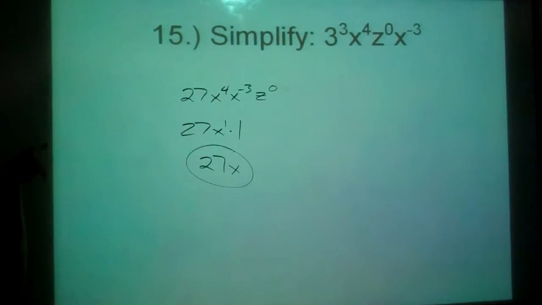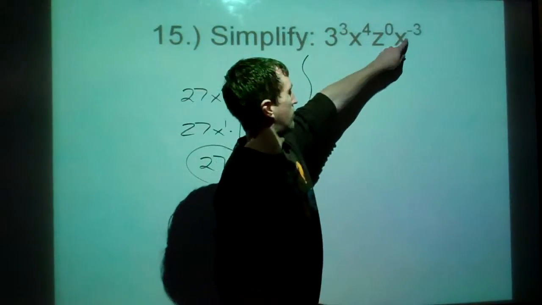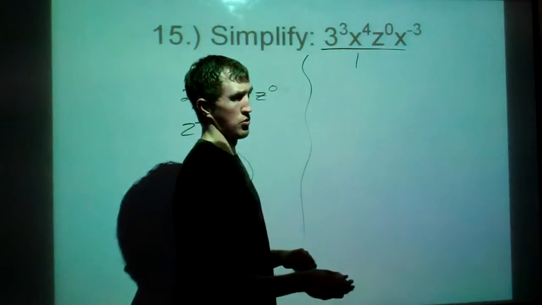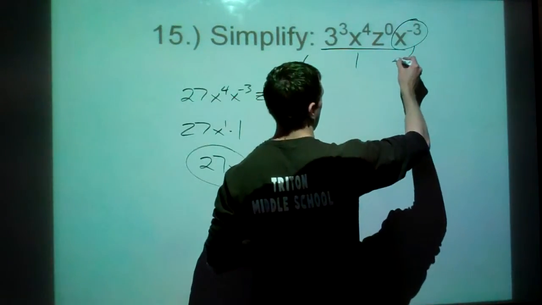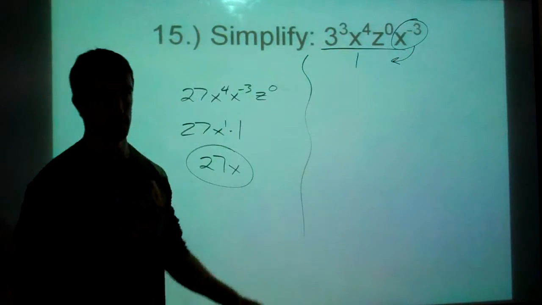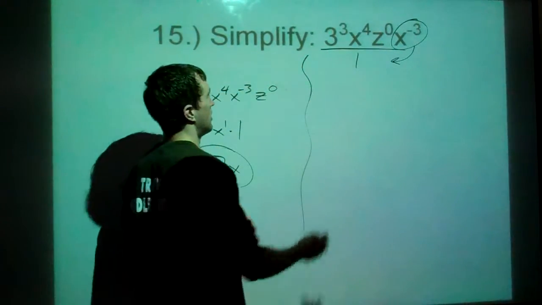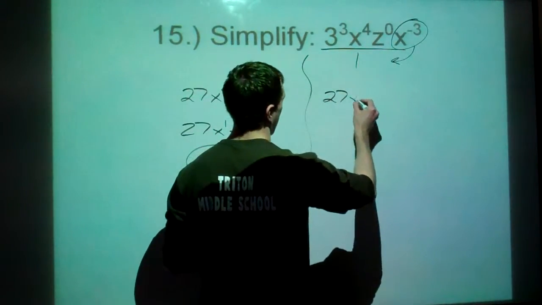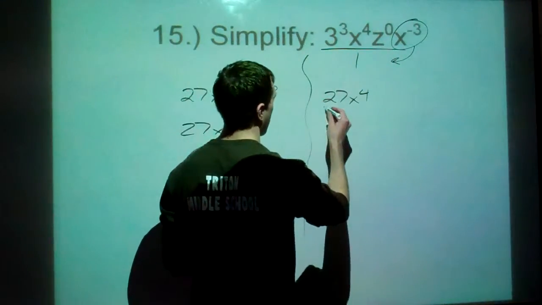For a reminder, now this I would say is the simpler way to do this, but also we learned a way that if we have a negative exponent and it is up top, we can move that to the bottom, or the opposite side that it's on, to make it positive or to make it happy. It's unhappy upstairs, we're going to make it happy by bringing it downstairs. So this is still 3 to the third, which is 27, x to the 4th, and we know that this is 1, so I'm just going to leave that out.